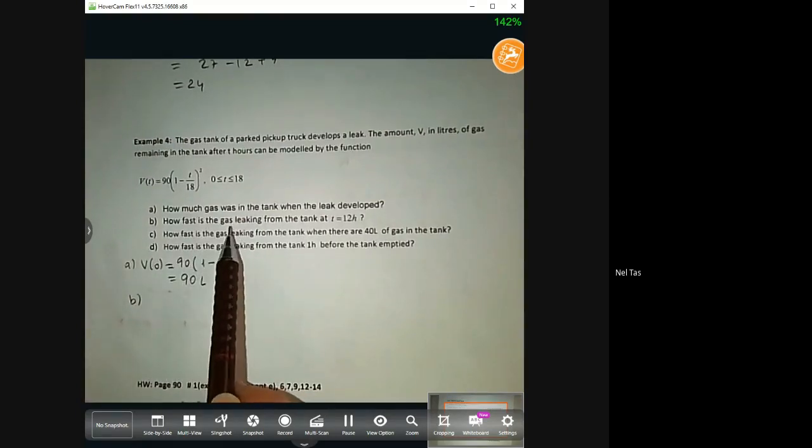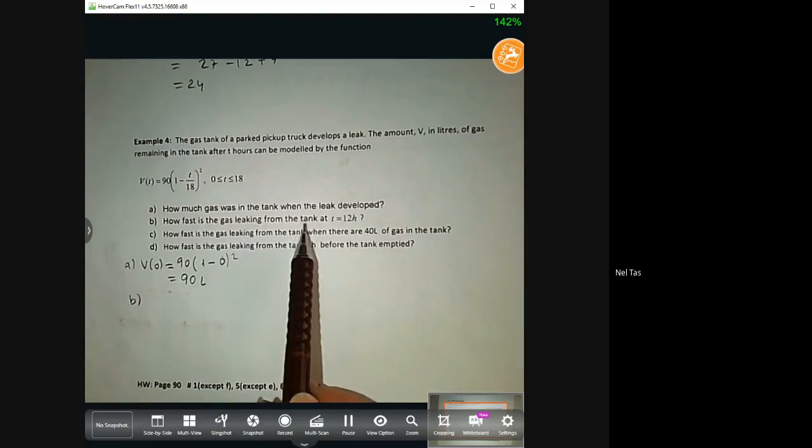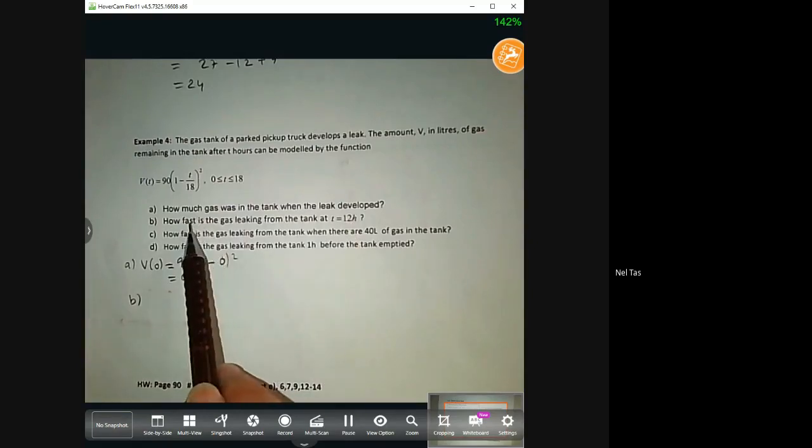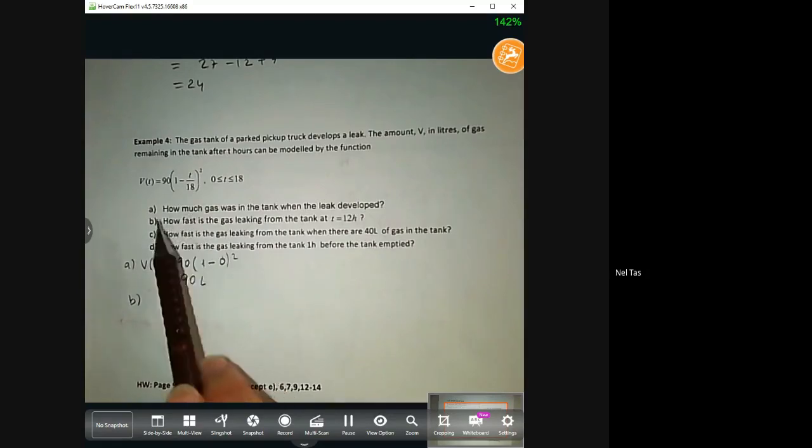So B, how fast is the gas leaking from the tank at t = 12 hours? When it is asking how fast, then we need a derivative function. That is the rate of change, the instantaneous rate of change.